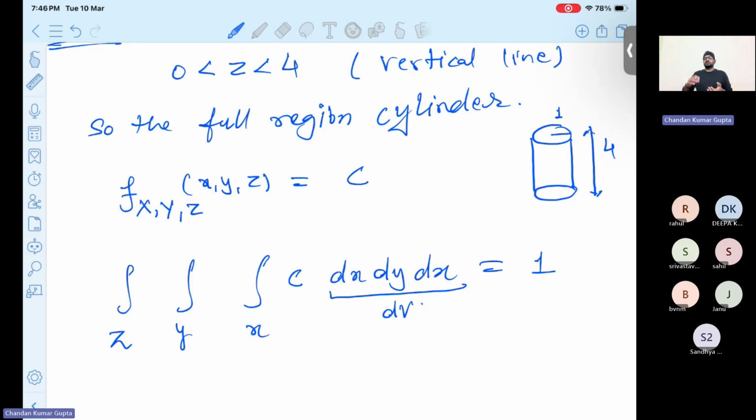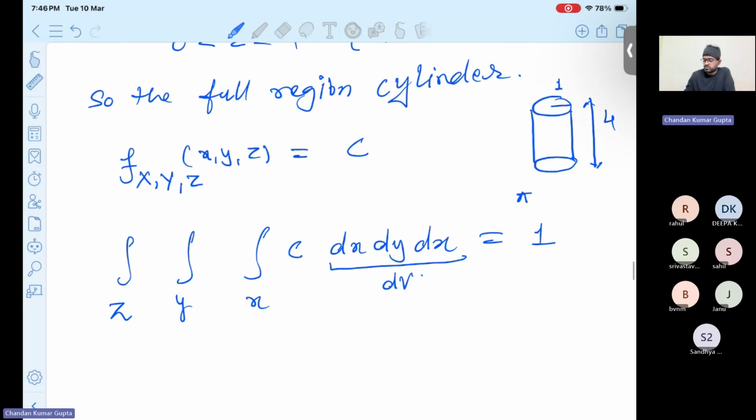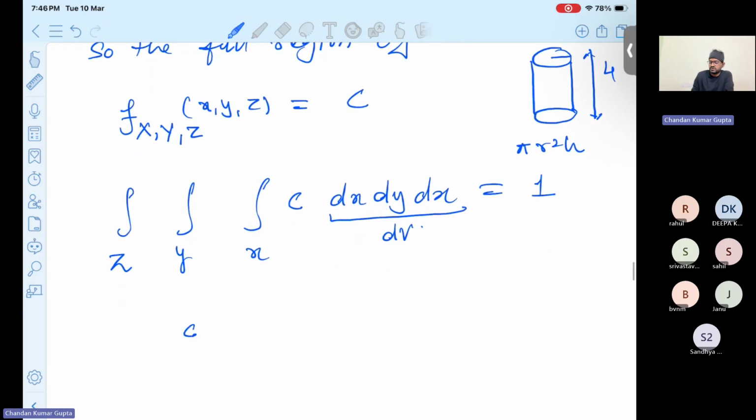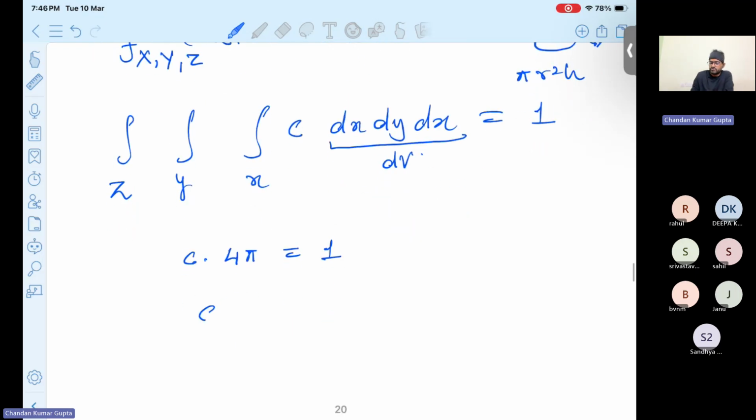So yes, the unit circle has the area pi r square, pi into 1 that is pi, and the height is 4, and the volume of cylinder comes out to be pi r square h. So that is nothing but 4 pi. The integral comes out to be 4 pi. Okay. So from here, without any calculation, you may find out C into 4 pi comes out to be 1. From here, C comes out to be 1 upon 4 pi.